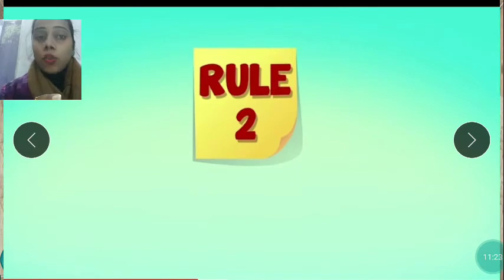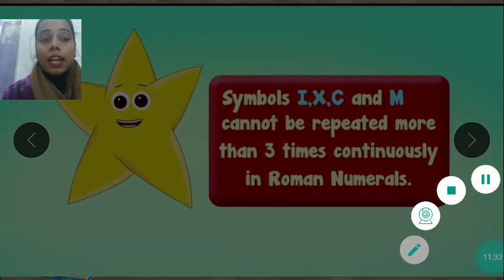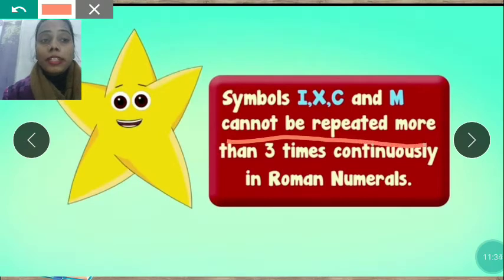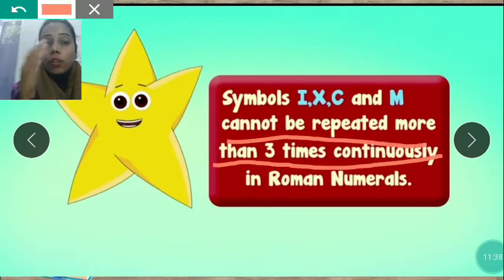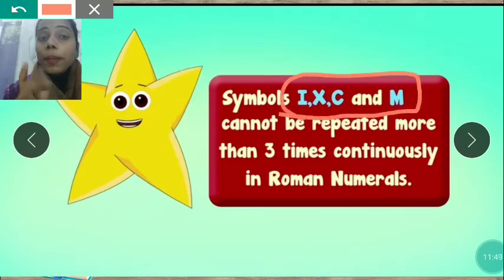Now, what is rule number 2? Rule number 2 tells us that the symbols I, X, C and M cannot be repeated more than 3 times continuously. So student, you cannot repeat these symbols I, X, C and M more than 3 times.